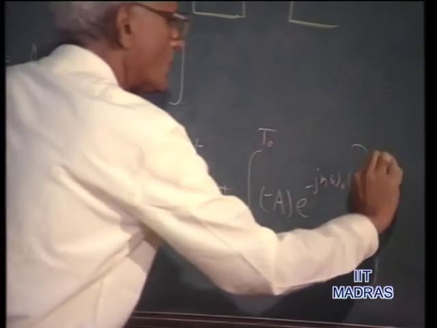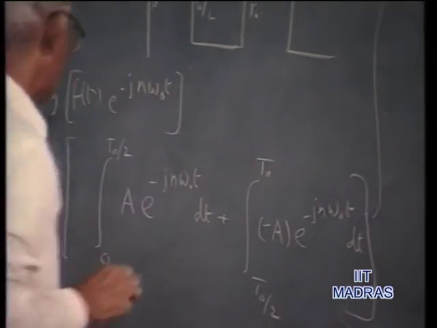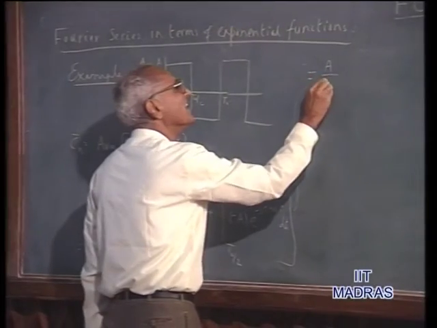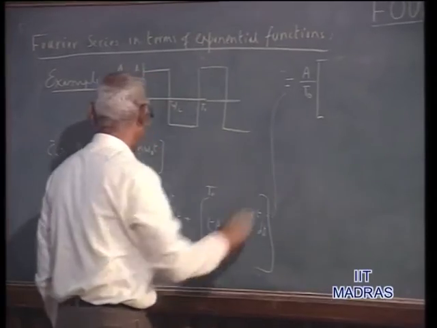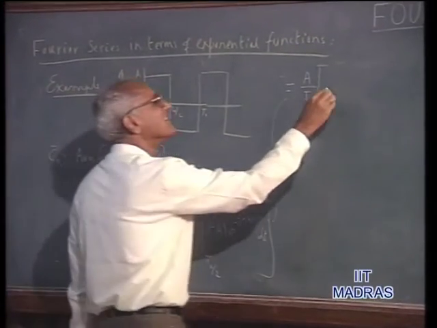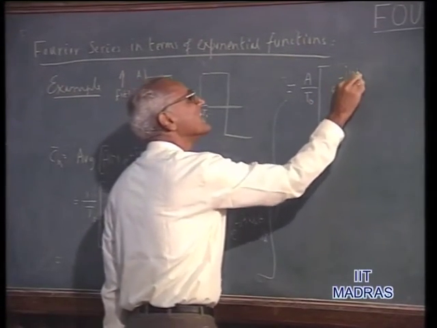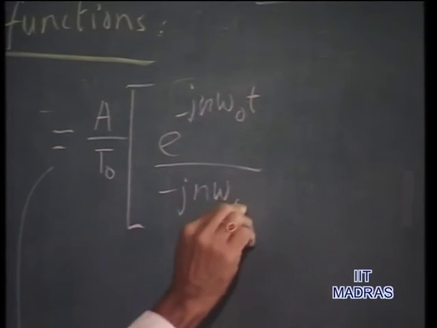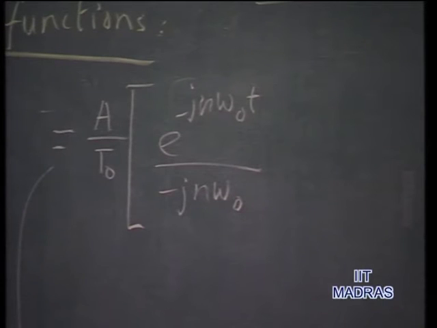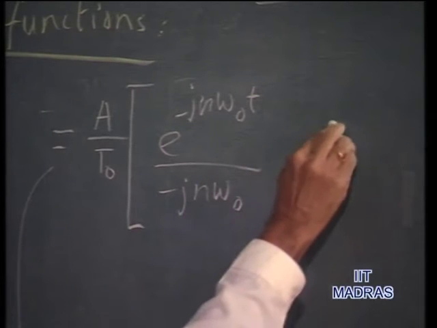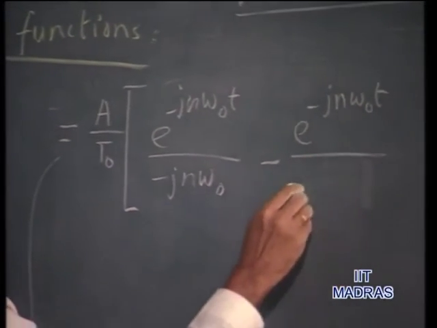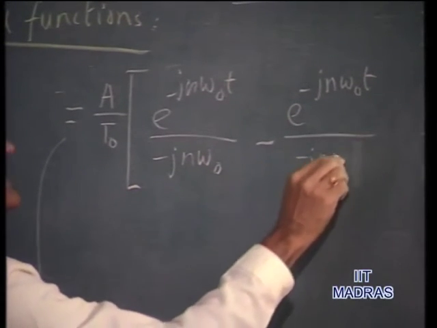So I take the a outside, a upon t naught. The first integral will yield e to the power of minus jn omega naught t by minus jn omega naught, minus, because of this minus sign here, e to the power of minus jn omega naught t divided by minus jn omega naught.